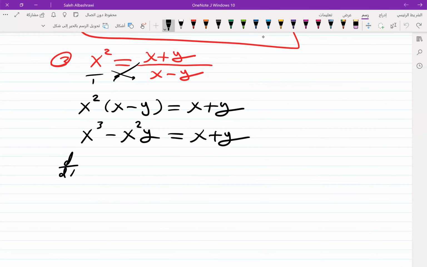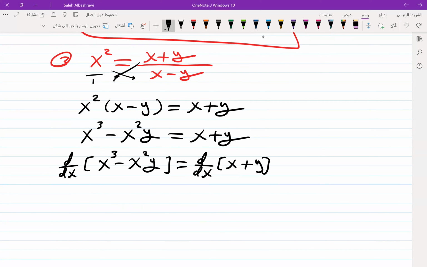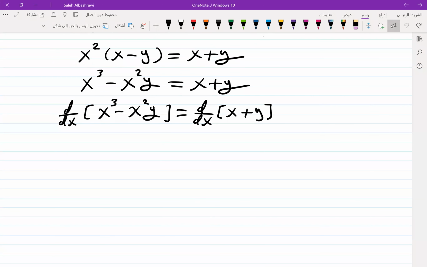So d by dx, let's now differentiate. Equal the derivative of the right hand side. Now the derivative of x to the power 3 is 3x squared minus, open the bracket. Because for the product rule it is f prime g plus g prime f, but since I have a negative sign, I will leave it outside, then open the bracket to avoid any mistake in the sign of the second term of the product rule.